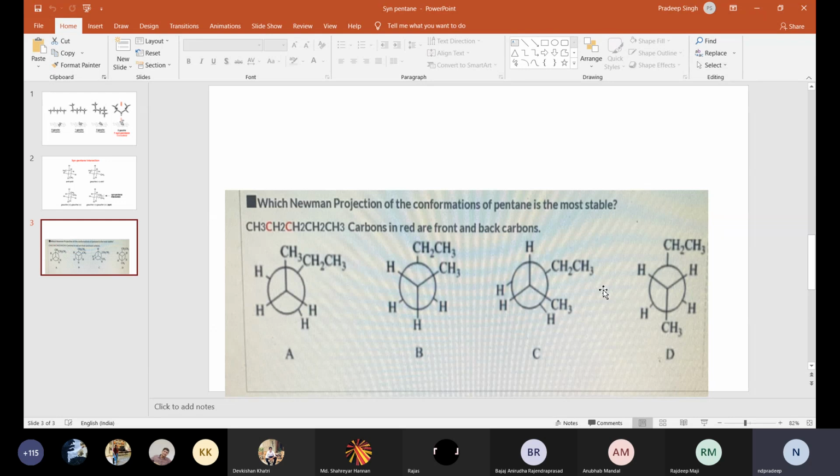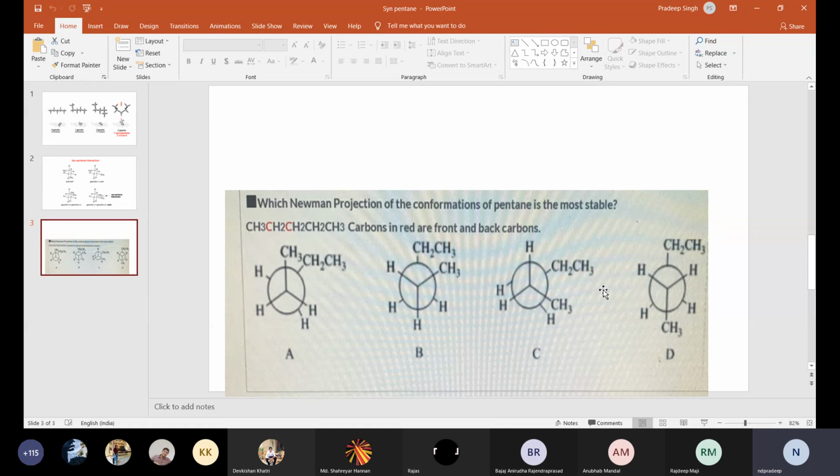But it was not coming good to our understanding because one of my friends asked me when I put butane, sir, why are you not taking C1, C2, instead of that you take C2, C3. It was such a nice question because C2, C3 is the middle of the compound.